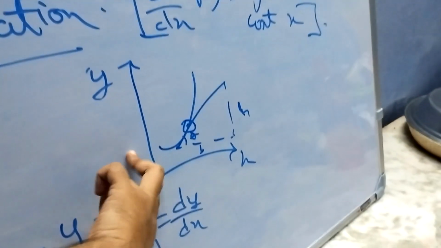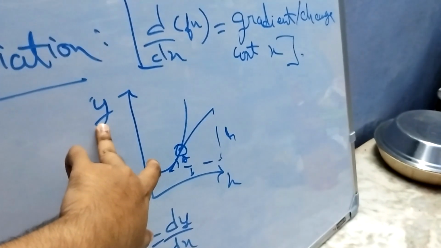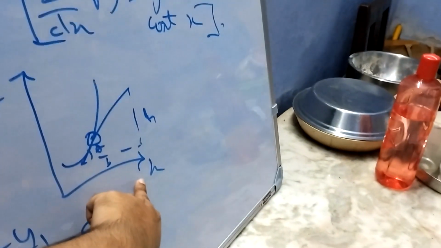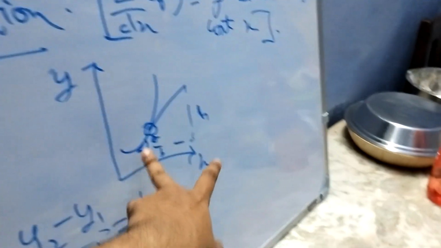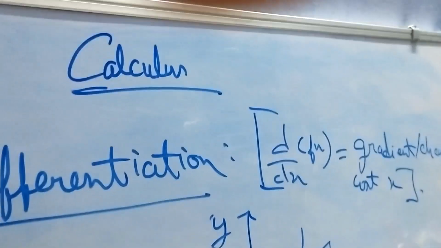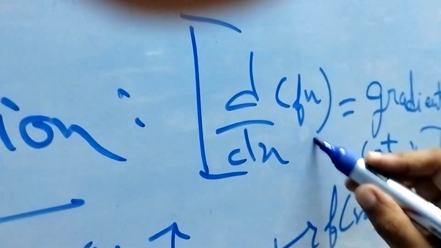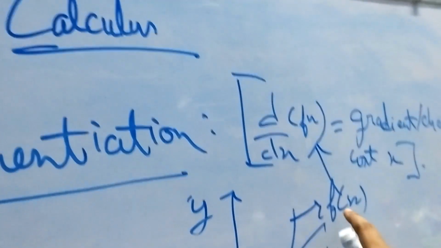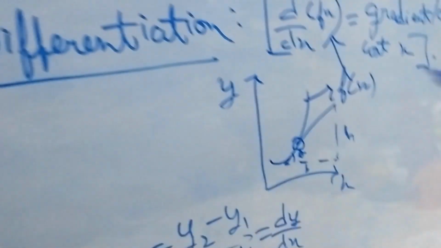So here is a 2D Cartesian coordinate system, y-axis, x-axis. I draw a graph, a curve. Let's take an example of a function of x, right? I'm plotting this function right here. This is some curve function.